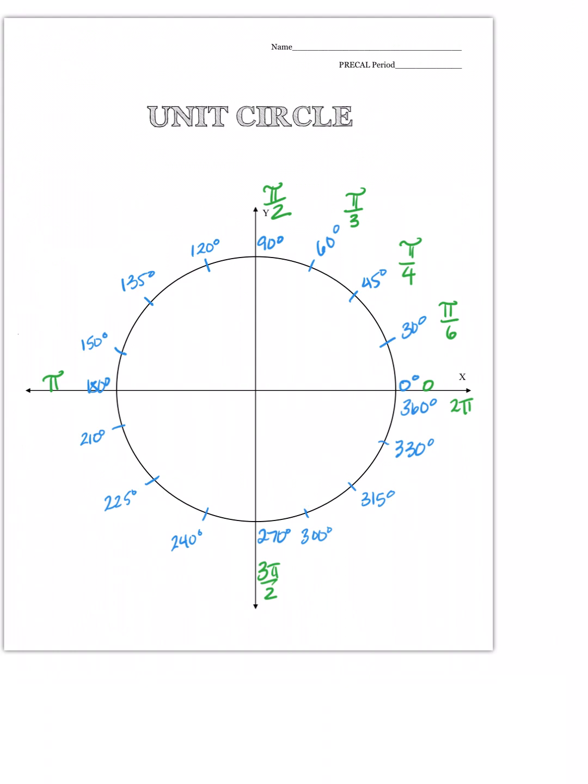All right. Over in quadrant 2, this one was 2 pi over 3, 3 pi over 4, and 5 pi over 6.